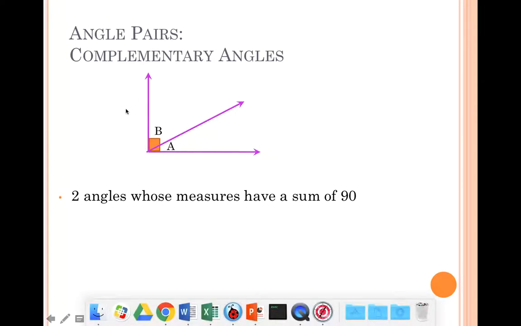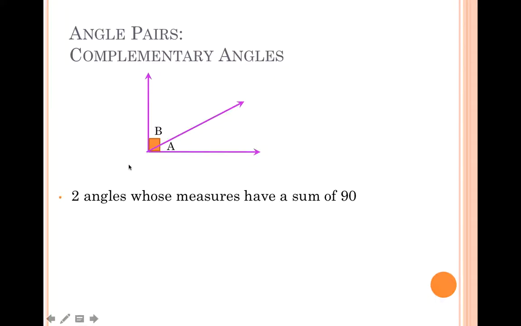It might not be a right angle. You can never, ever, ever assume things in geometry. Bad things happen to people that assume things in geometry. You cannot assume things unless you are given information. So if something looks like a 90-degree angle, it might be like 89.999. So be careful. If you don't see a little box, you cannot assume it's 90 degrees.